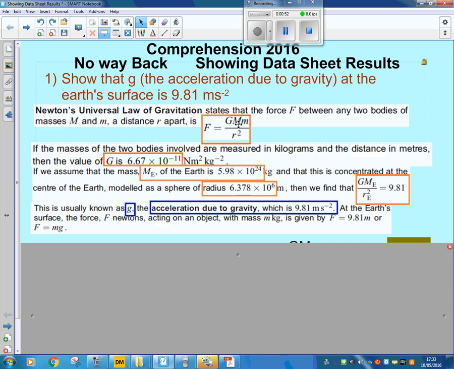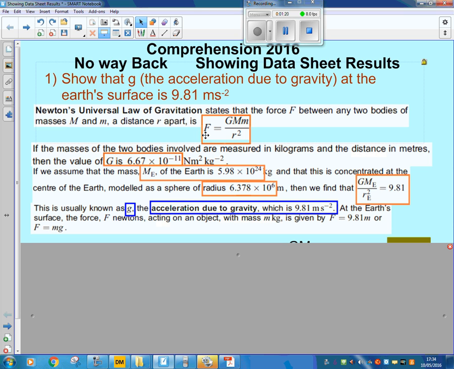Capital M is normally the mass of a larger object, so in this case it's going to be the mass of the Earth. Little m is going to be the mass of a person who's standing on the surface of the Earth. And r squared is the distance between the two, which in this case is going to be the radius, well, r is going to be the radius of the Earth, because that's the distance between the center of the Earth and somebody standing on the surface.